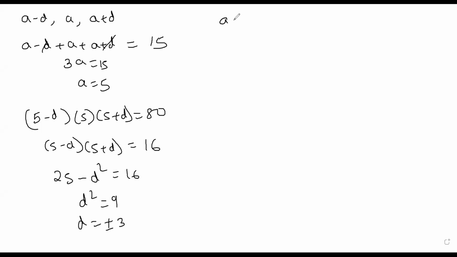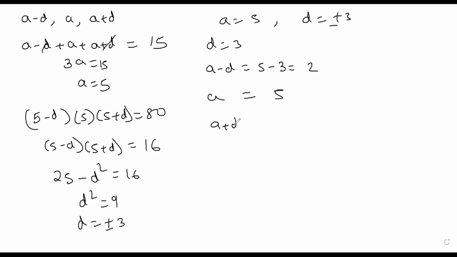So if A is 5 and D is plus or minus 3, then when D is 3, your numbers will be A minus D, that is 5 minus 3, that is 2; A, that is 5; and A plus D, that is 5 plus 3, that is 8. So your numbers are 2, 5, 8.